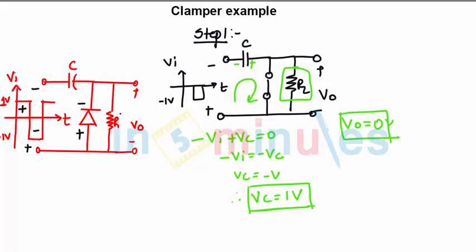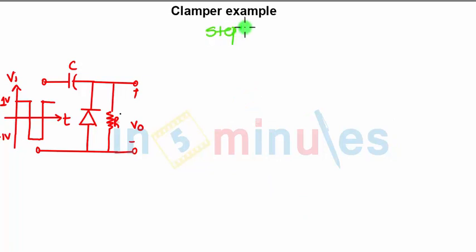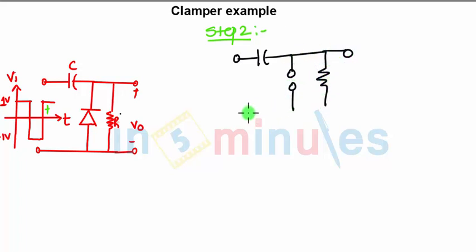Then moving to the next half cycle, that is considering step 2. In step 2 we are considering the positive half cycle. In the positive half cycle, now the diode will be open circuited, and the circuit will look like the capacitor, the diode open circuited, you have R, and finally the output voltage VO.